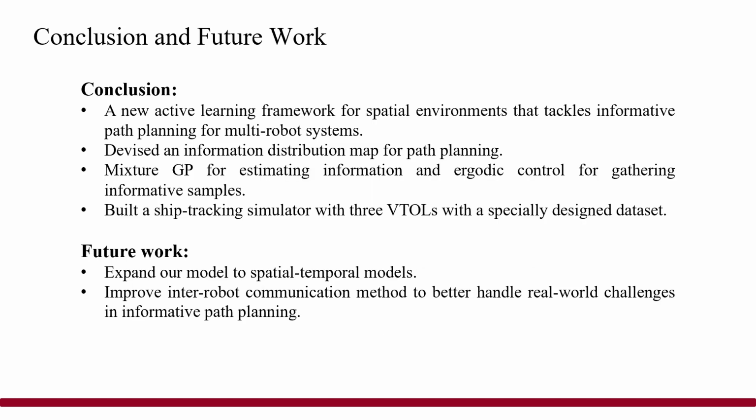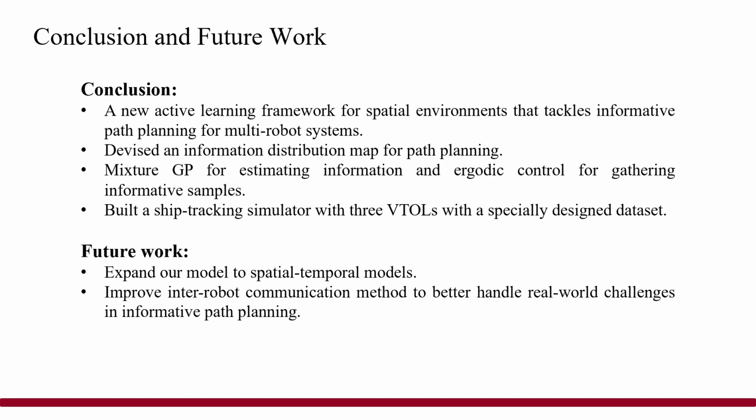In conclusion, our research presents a new active learning framework for spatial environments that tackles informative path planning for multi-robot systems. We devised an information distribution map for the path planning, which takes into consideration the target locations and robot sensing capabilities. We combine this with a mixture GP for estimation and ergodic control for gathering informative samples.